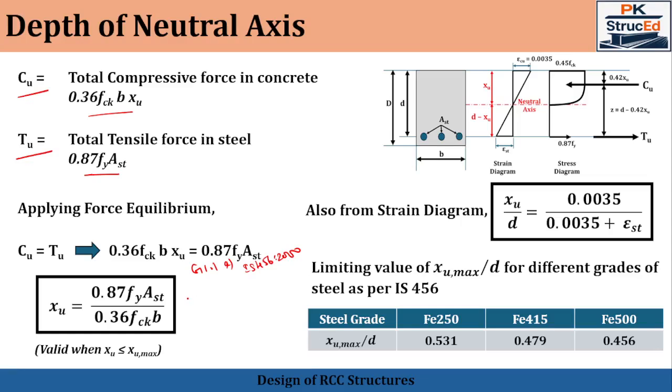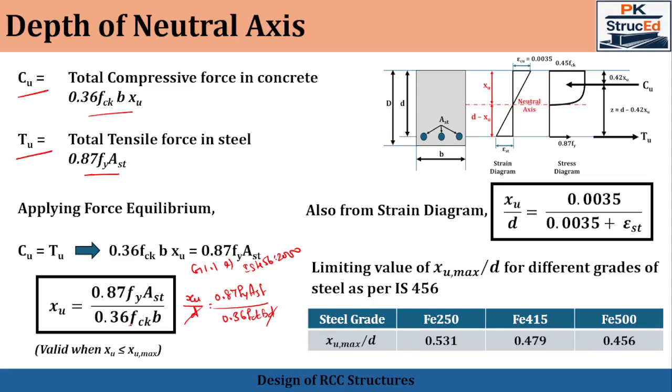It has been given in the code as Xu by d equal to 0.87 Fy Ast divided by 0.36 fck b d. So here d and d will get cancelled. That is what we derived: Xu is equal to 0.87 Fy Ast divided by 0.36 fck b.